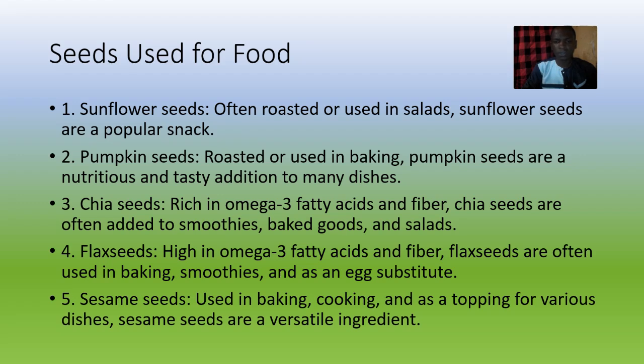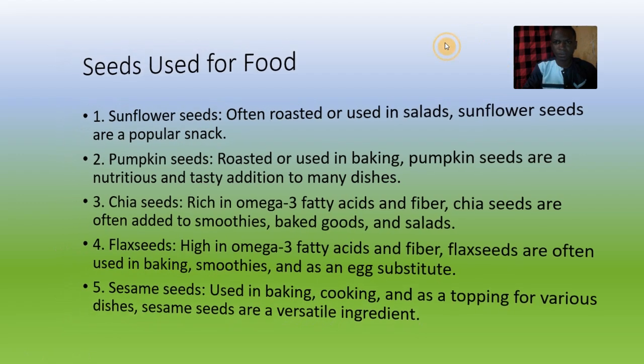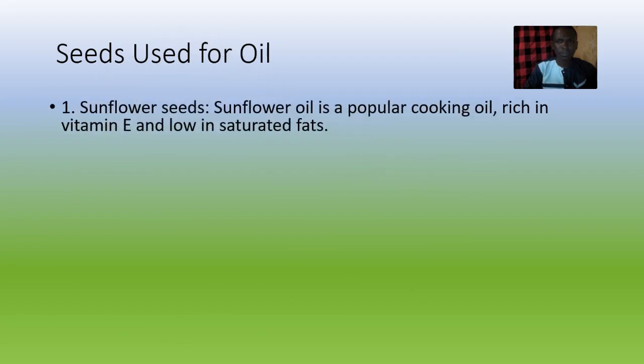They are also used as a versatile ingredient. We have seeds with oil, for example, sunflower seeds. Sunflower seeds are popular for cooking oil, rich in vitamin E and low in saturated fats.